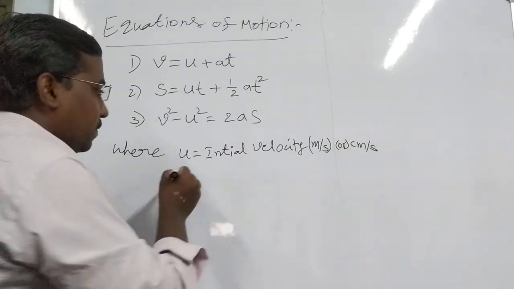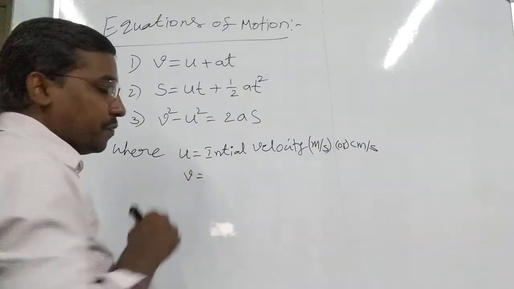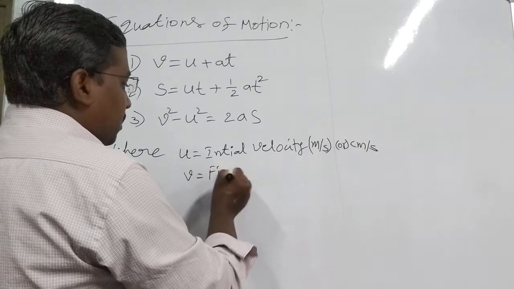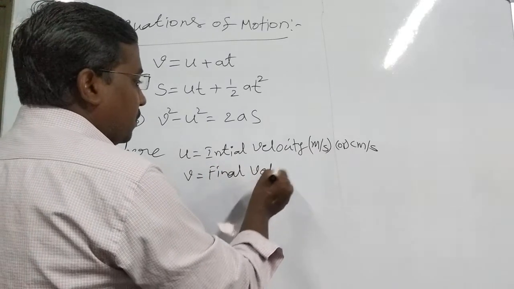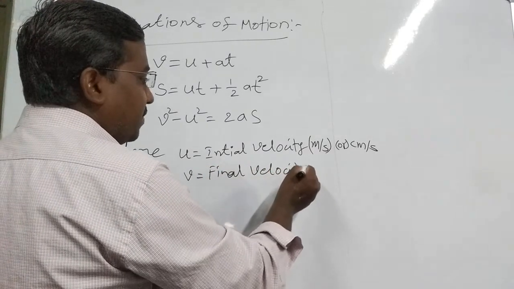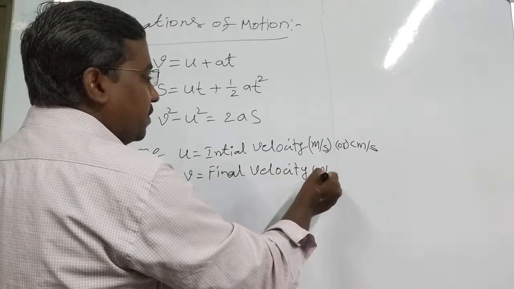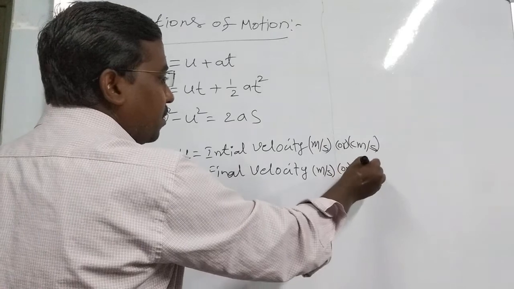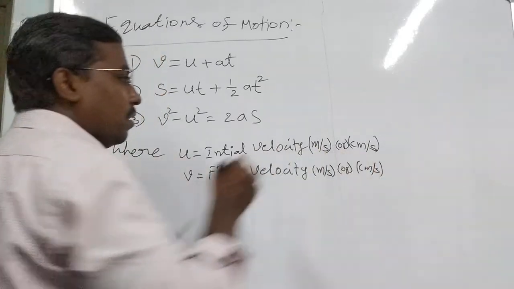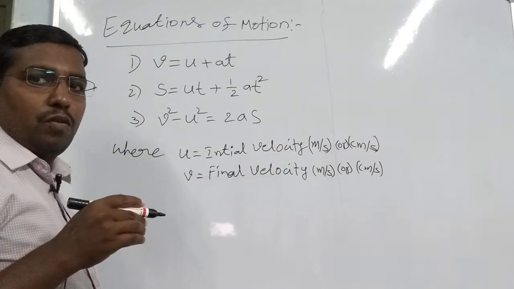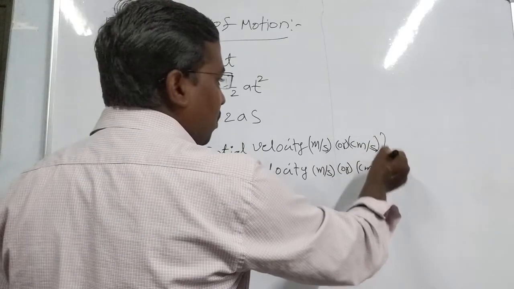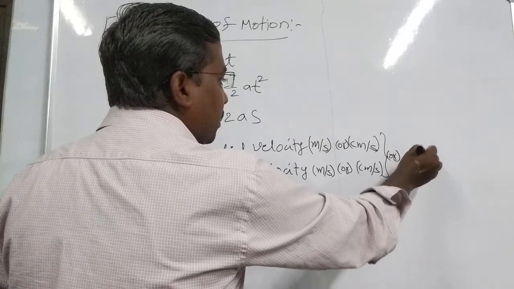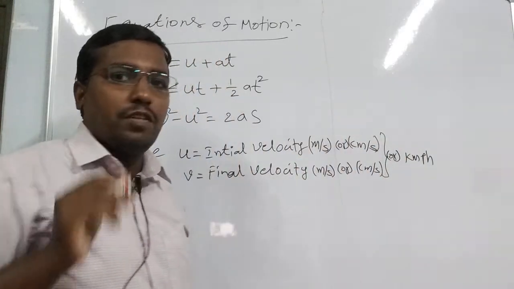Now what is v? v is the final velocity, and this is also measured in meter per second, centimeter per second, or kilometer per hour. We discussed this previously.